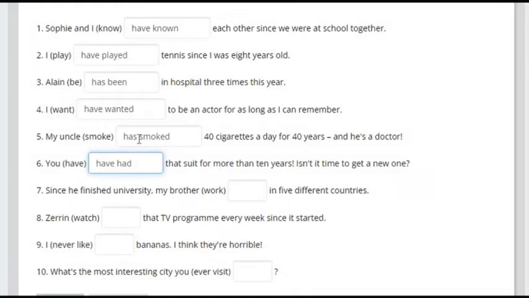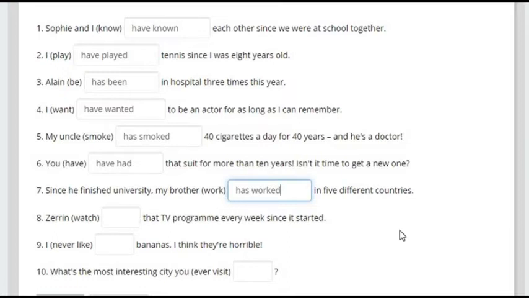Let's go to the seventh sentence. Since he finished university, my brother worked in 5 different countries. So, what do you think? What the right answer is? Well done. So, the auxiliary verb has and the past participle of the verb work is worked.